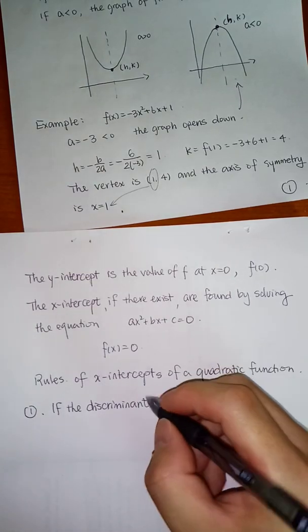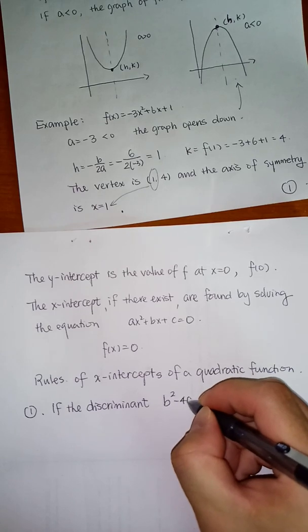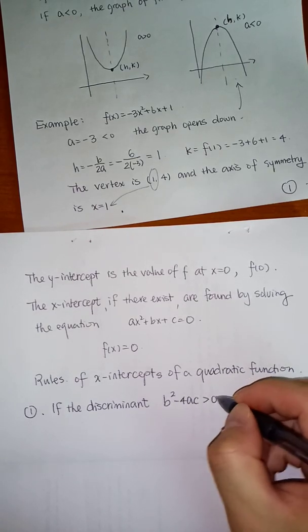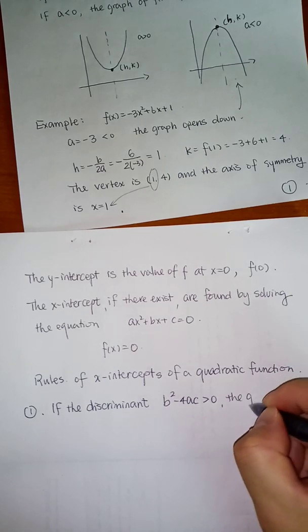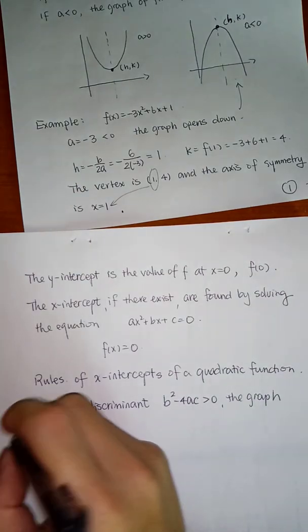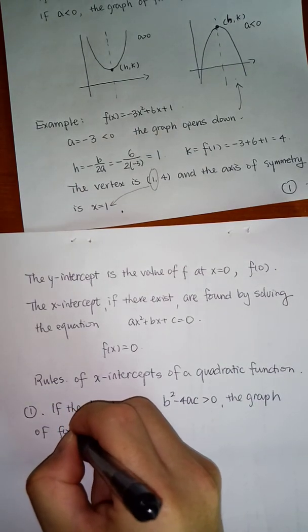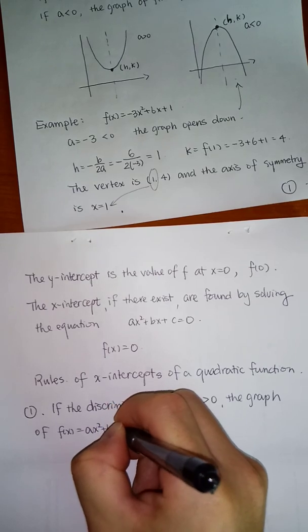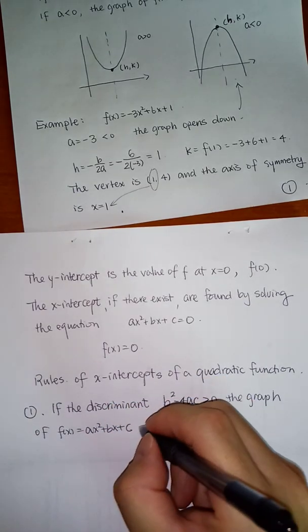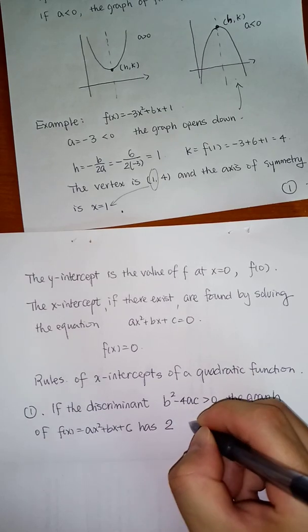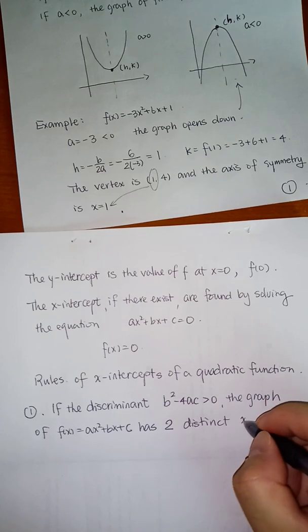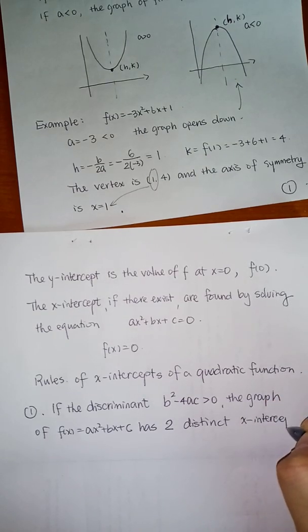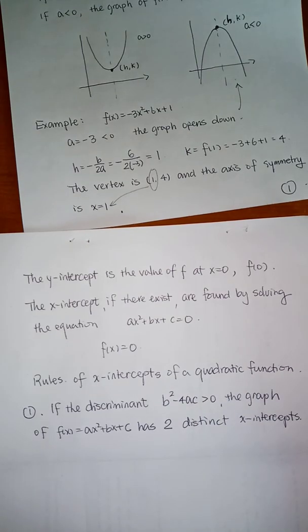What is the discriminant? b squared minus 4ac. If the discriminant is positive, then the graph of f(x) equal to ax squared plus bx plus c has two distinct x-intercepts.